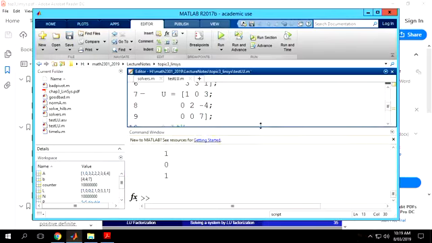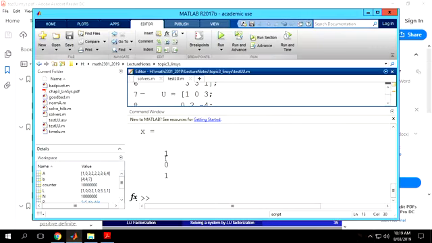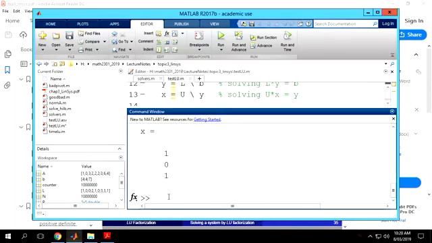You can see that the solution is just 1, 0, 1. We have to check why we know that this one is the correct solution. Well, we just take A times X, and we get 4, 4, 7, and the vector B is 4, 4, 7. So it is the solution.